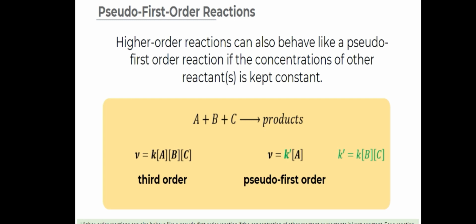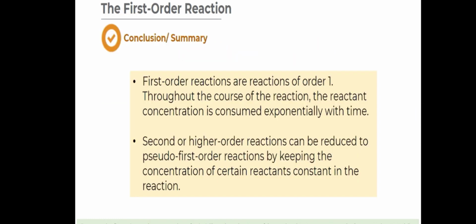Higher order reactions can also behave like a pseudo-first order reaction if the concentration of the other reactant or reactants is kept constant. For the reaction A plus B plus C yielding products, which is third order overall, first order with respect to each reactant, keeping the concentrations of B and C constant makes the reaction behave as a pseudo-first order reaction.